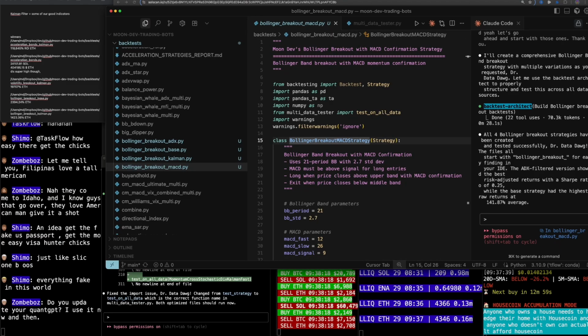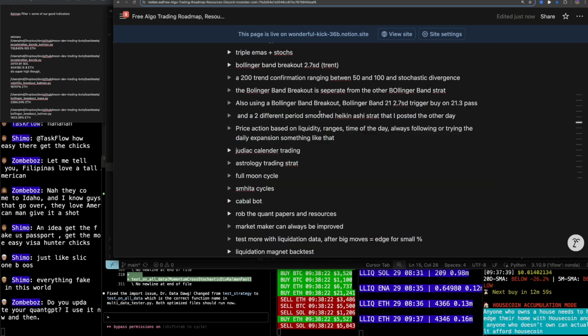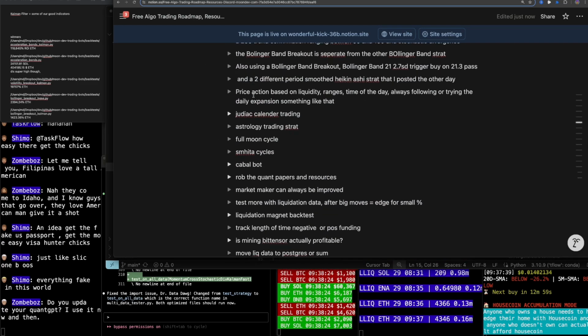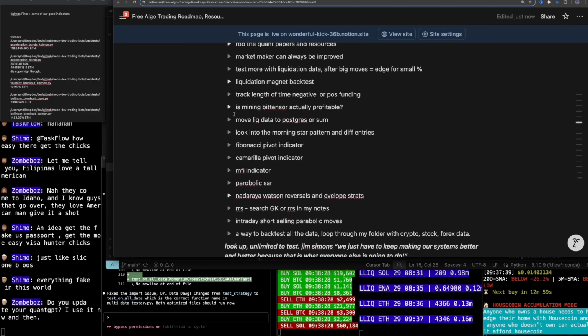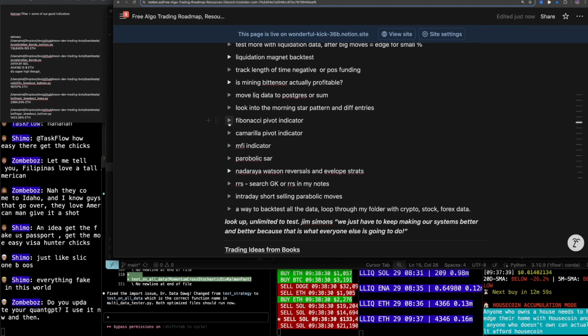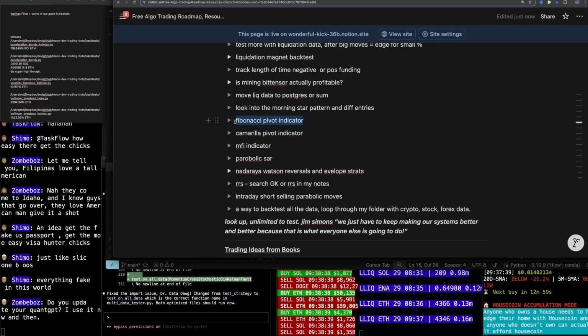Let's get these backtesting some new ideas here. So Bollinger Band breakout. Did that. Fibonacci pivot indicator. Okay, so let's do this.